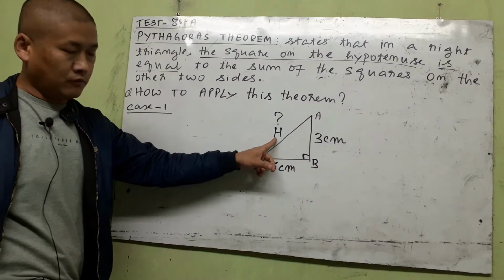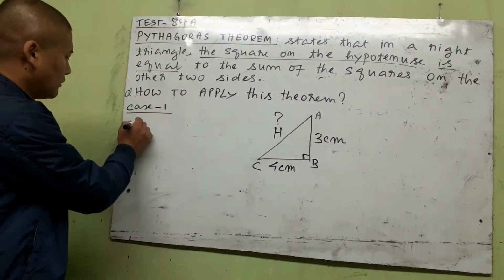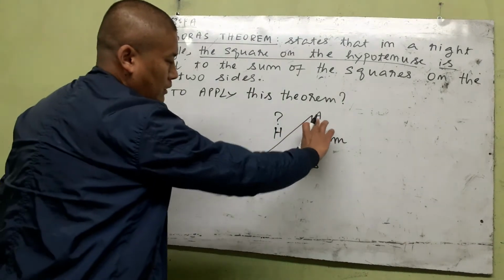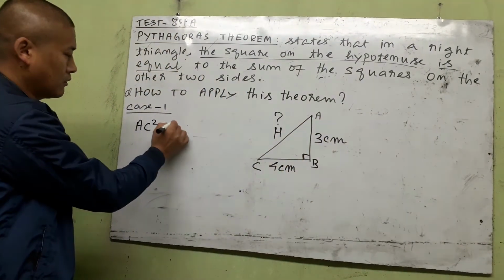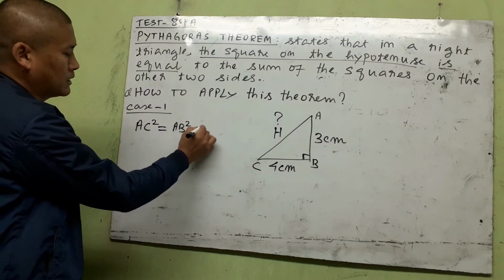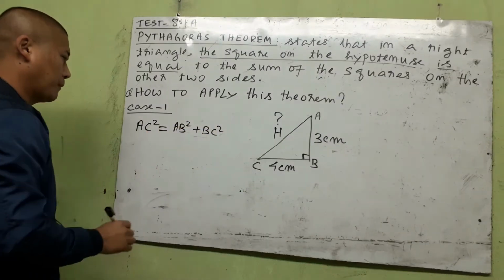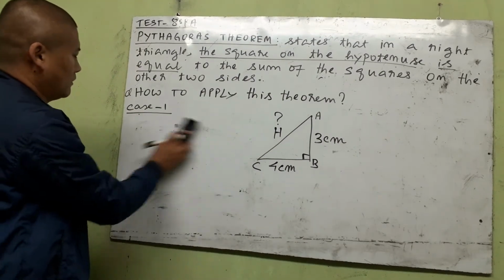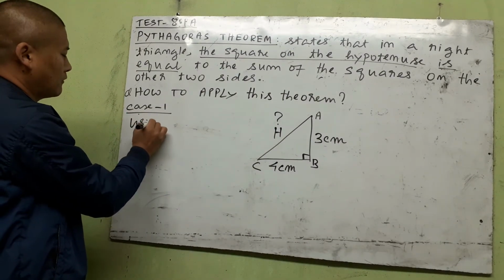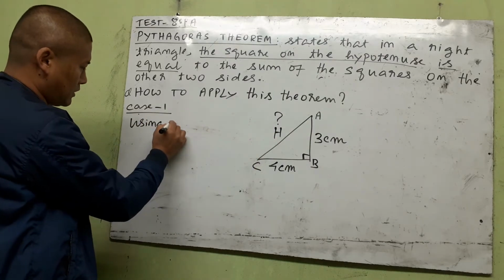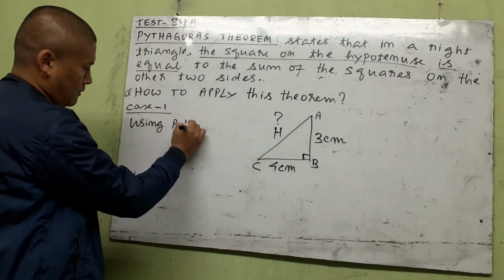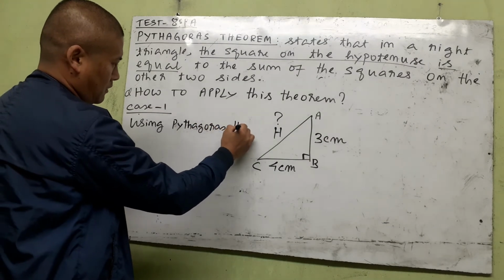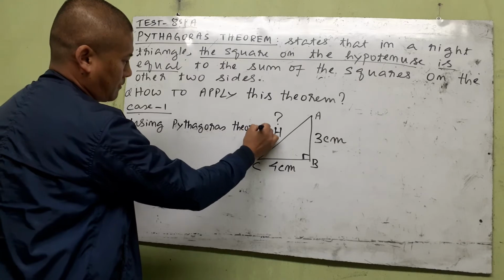Case 1, like we want to find the hypotenuse, then we apply the basic theorem, hypotenuse square is equal to this square plus this square, just like we did just now, AB square plus BC square. So how can you find this unknown side AC? By using Pythagoras theorem.